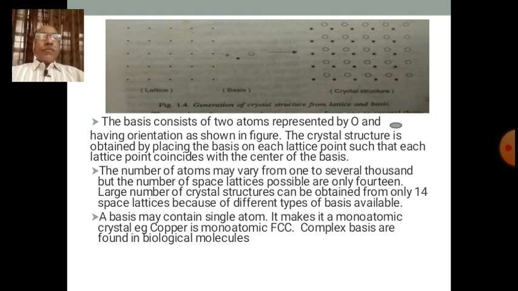The number of atoms in the basis may vary from 1 to several thousand. It may be a monoatomic basis or a multi-atomic basis. The basis may consist of a single atom, or more than one atom, or even thousands of atoms.